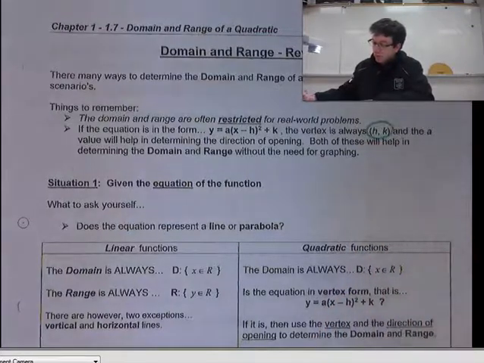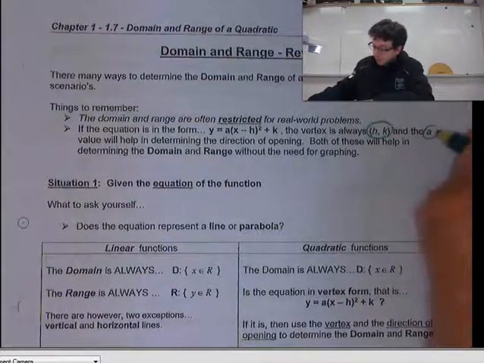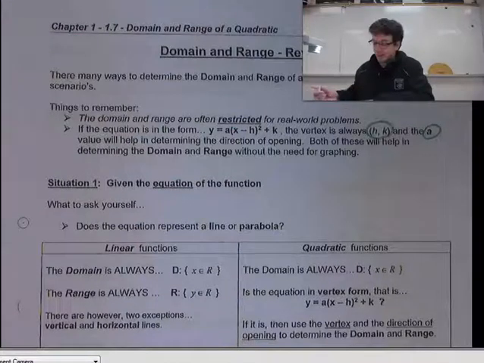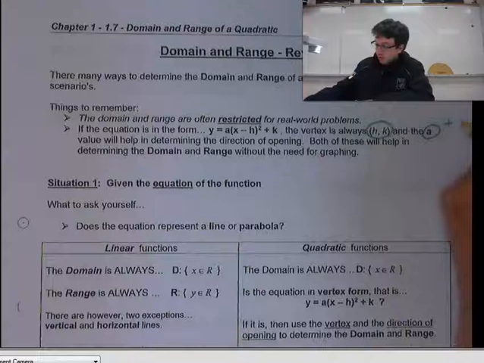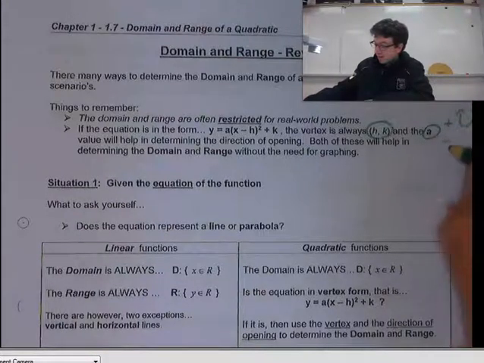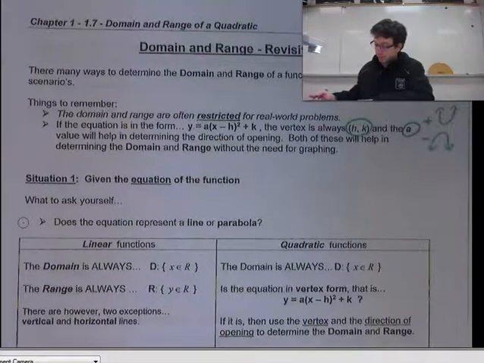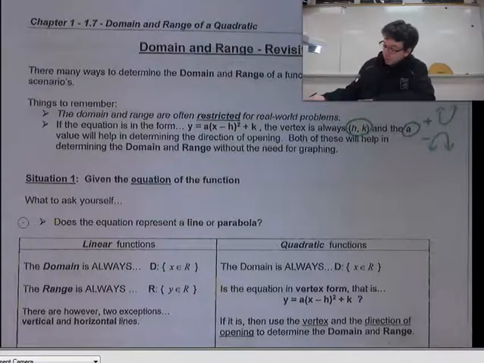And what's important is not necessarily the value of a, but whether or not a is positive or negative. If a is positive, then our quadratic opens up. And if a is negative, our quadratic opens down. And that's going to be important in determining range. So let's look at some situations.